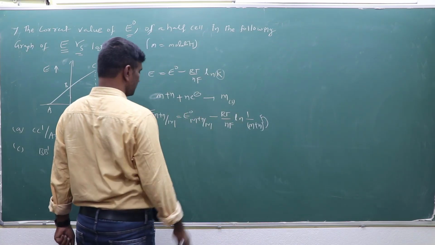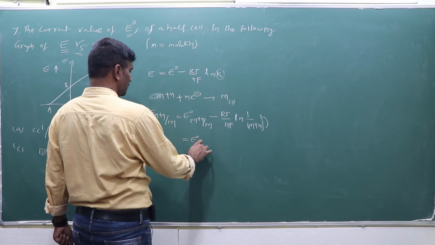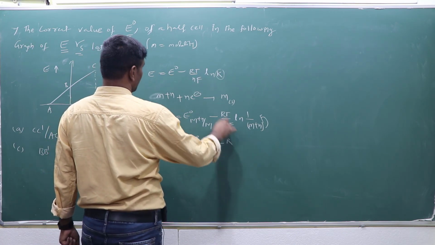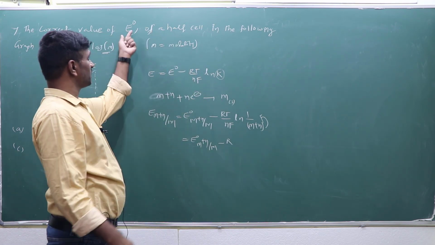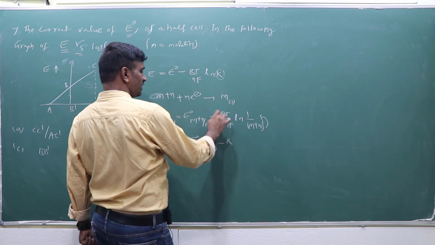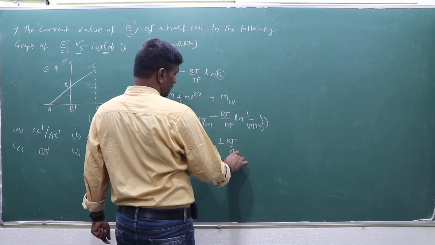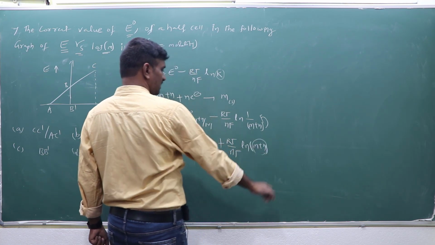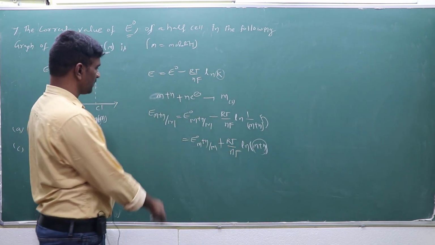This is shifted to the right side. E0 is the reduction potential, because standard electrode potential is reduction potential. Minus, so if it is shifted to the right side, this becomes plus RT by NF ln M plus N. This concentration is in terms of molarity.